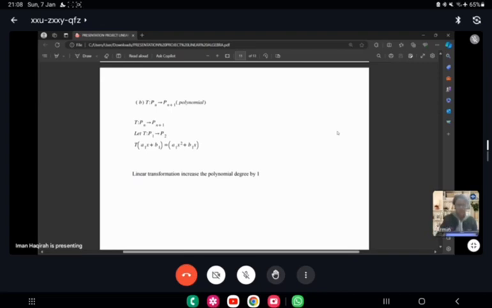My P1 is a1x plus p1, and it changes to a1x squared plus p1x. I conclude my linear transformation about polynomials: the linear transformation increases the polynomial degree by 1.